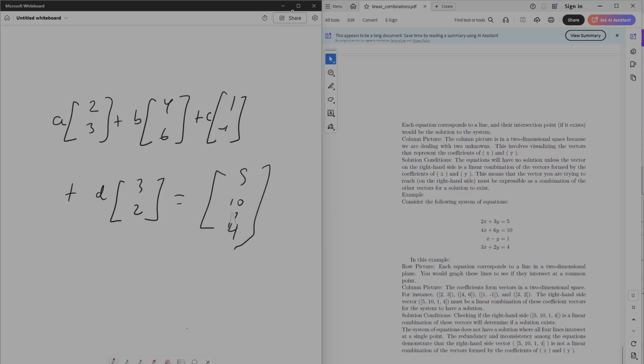So this is what it means. There has to be a linear combination in order for the solution to exist on a two-dimensional plane.